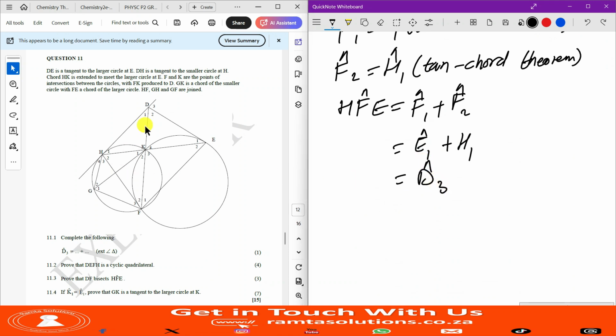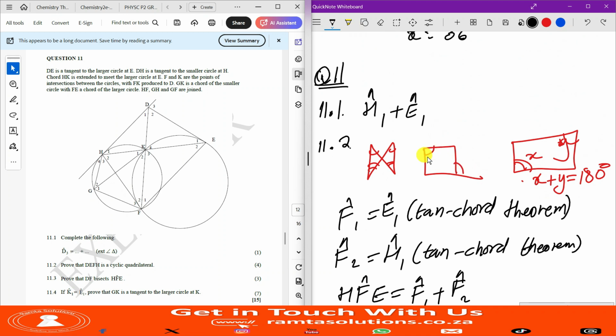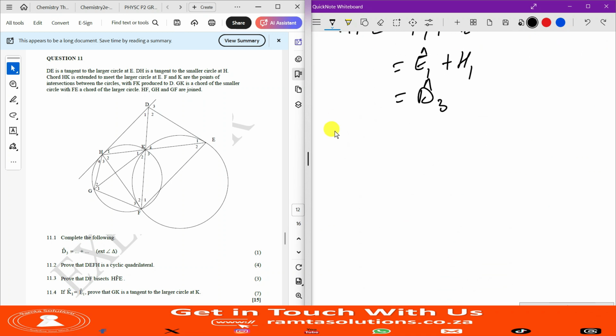But hold on, angle HFE is equal to D3. This looks like this information here. This is exterior angle of a cyclic quad. So therefore we will say DEFH is a cyclic quadrilateral.